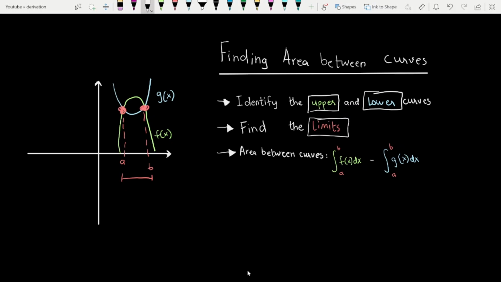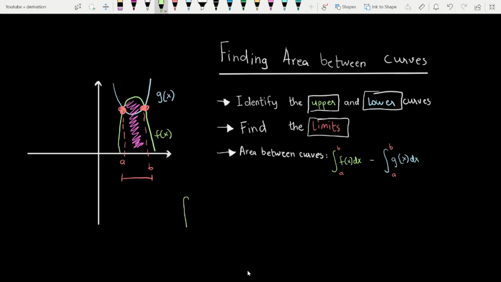Now once you've done that, all you got to do is integrate. This is where the integration part actually comes in, and we already know how to integrate. Remember, we had this area that was under the upper curve. So how do we find the area under the upper curve?